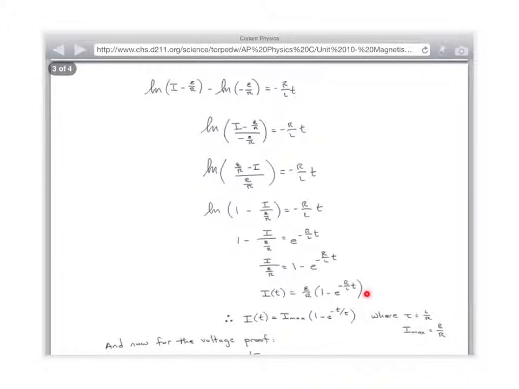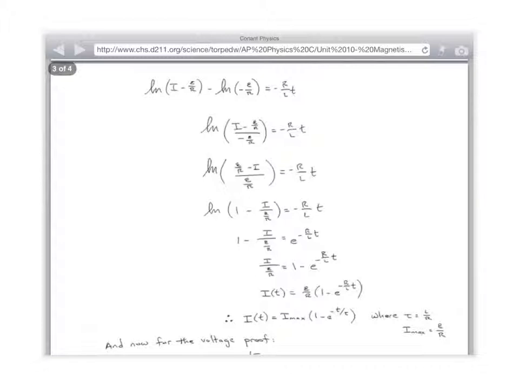What's the time constant? Because remember, it's t divided by tau, right? So what's the time constant? No, it's not R over L. It's inductance over resistance. All right, this is interesting. If you have a bigger resistor, does that make it go faster or slower?